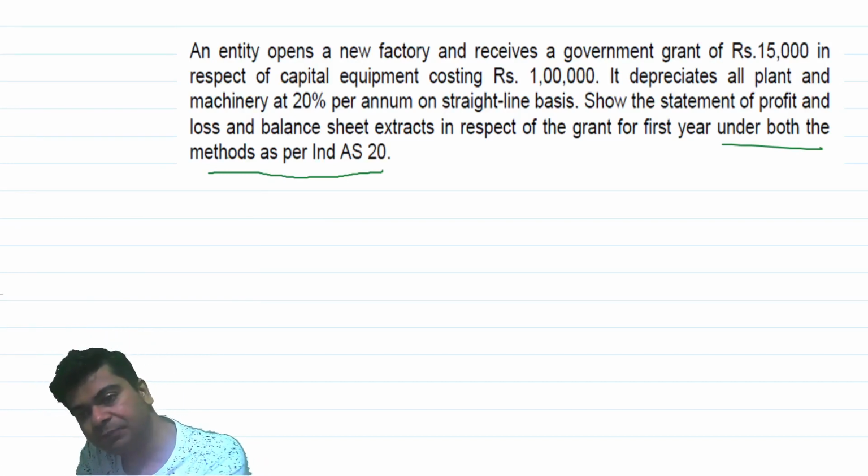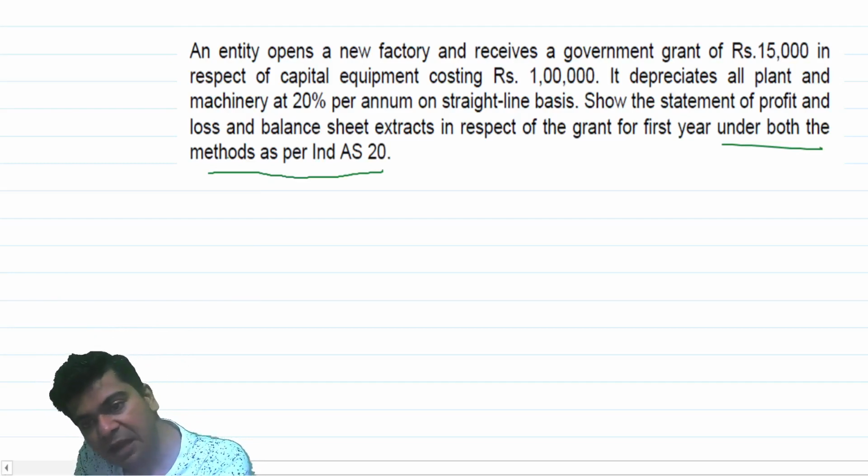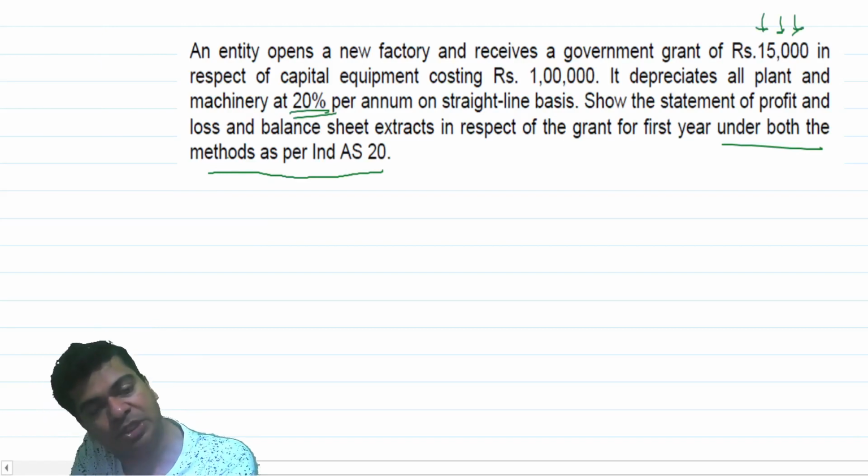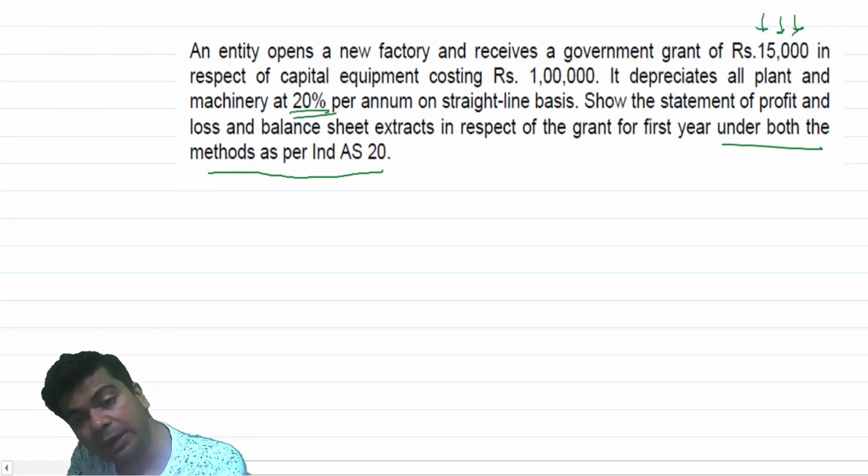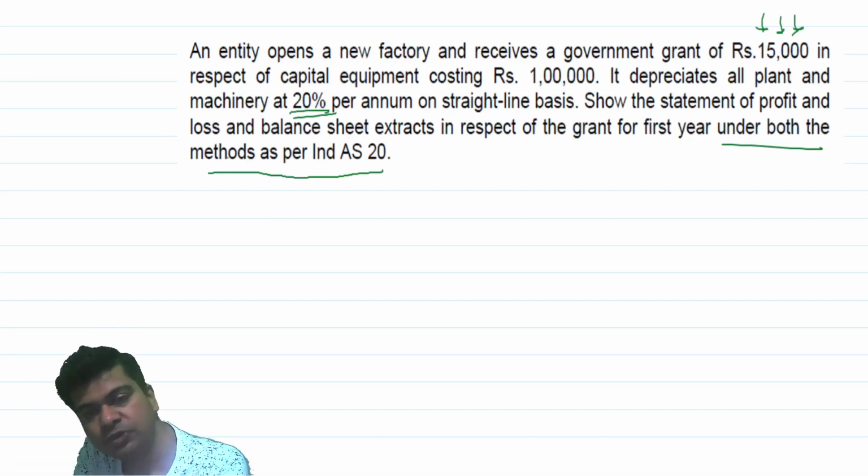If it is a depreciable asset, you have to do it in the ratio of depreciation over the useful life of the asset. We are receiving a government grant of rupees 15,000 and they are saying that 20% depreciation will be charged on straight line basis. Now if you say 20%, every year you will write off 20%. That means in 5 years you will write off 100%.